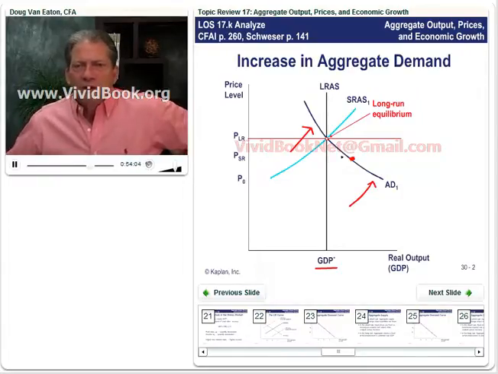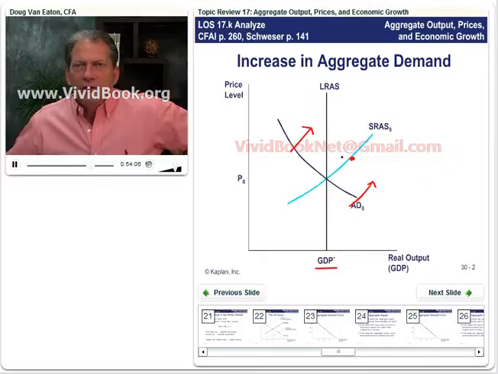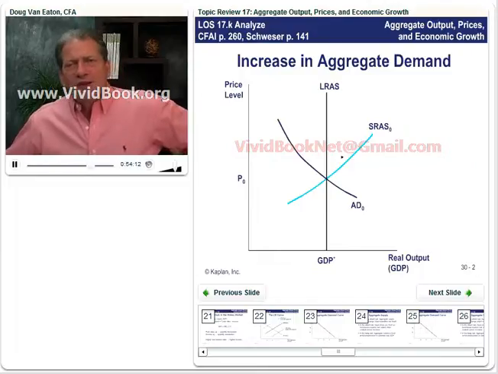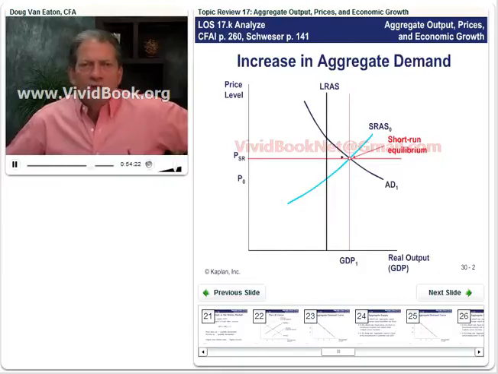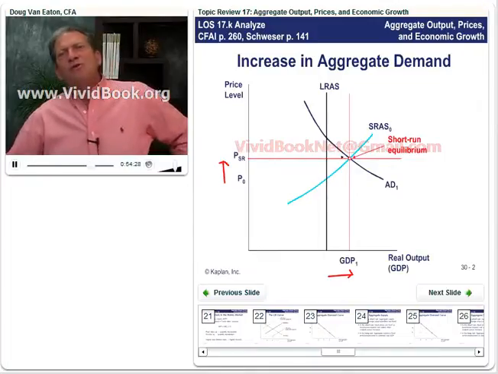If you let me please go backwards here. Starting out at equilibrium, if the government increases aggregate demand through either fiscal or monetary policy, shifts it out like that, the price level rose, didn't it? And in the short run, we got an increase in output. But what happens in the long run?